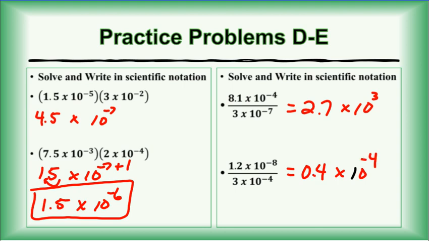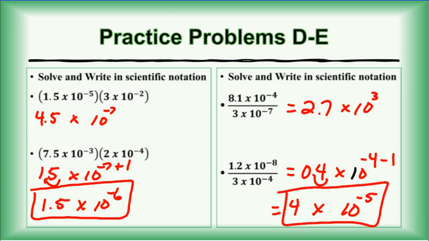Put it in scientific notation, so this would equal 4 times 10. Since I lost a decimal place, I need to show that by subtracting 1. That would be 10 to the negative 5th. So this would be our answer. That is our lesson today on operations with small numbers in scientific notation.